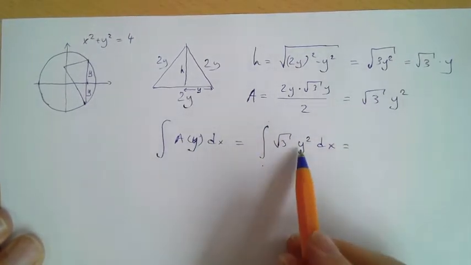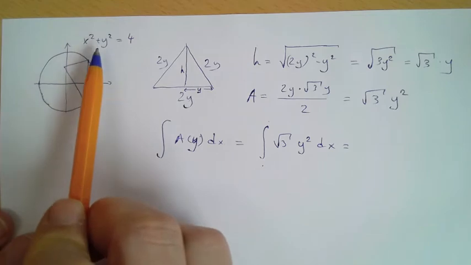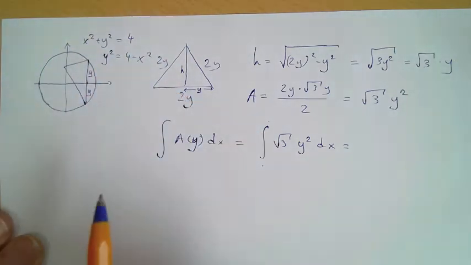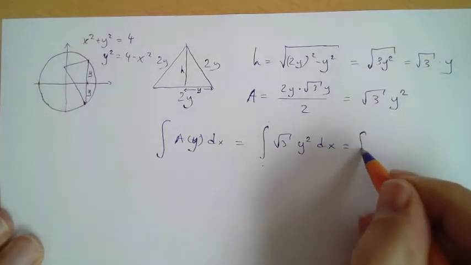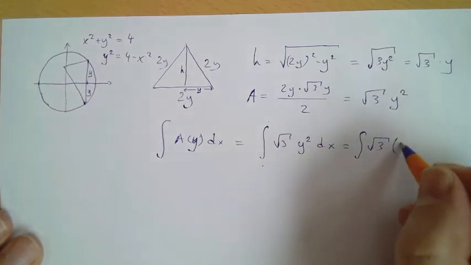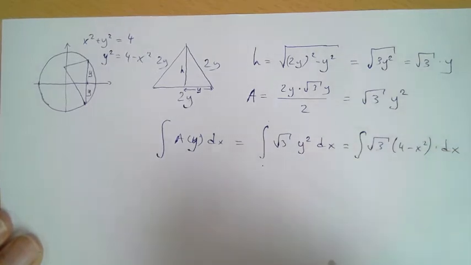So what is y squared? I need it in terms of x because it's a dx. So actually it happens that it's easy to find. y squared is 4 minus x squared. I don't even need to go to y and then square it again. It's already y squared here. So I'm integrating root 3 times (4 minus x squared) dx.